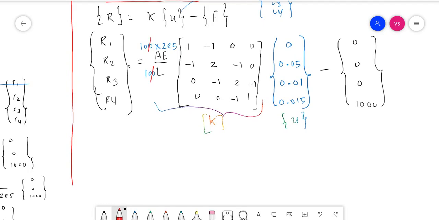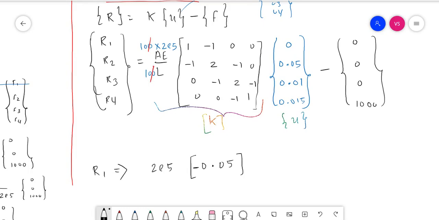The whole thing will be only 2E5. Okay. So let's start with R1. 2E5 here. 1 times 0 minus 1 times 0.005.